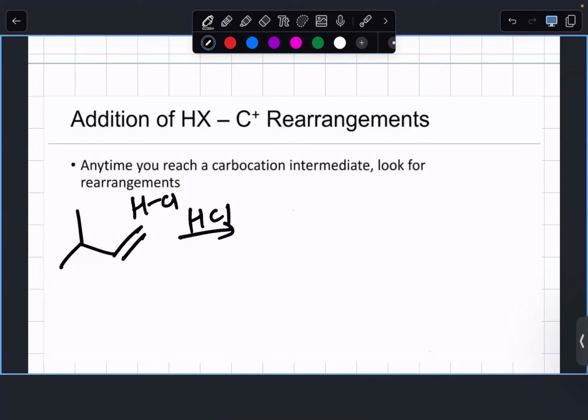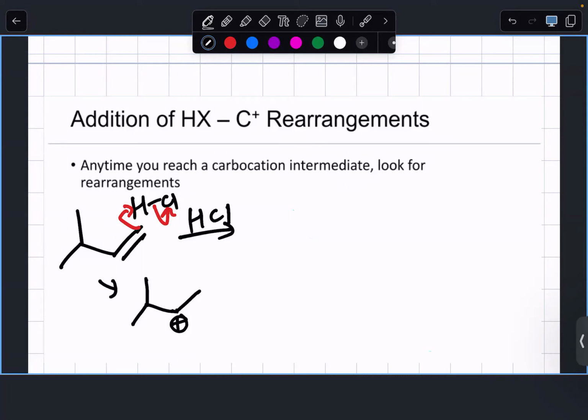Yeah, this one right here, because we want this one to have the carbocation, the more stable carbocation, which means the other end of the alkene will grab the hydrogen. If we want that carbon to have the carbocation, the other end will grab the hydrogen. And that gives us this carbocation right there.